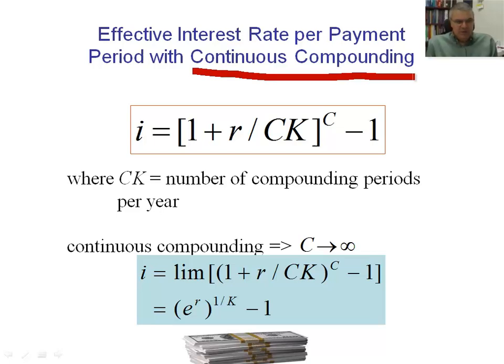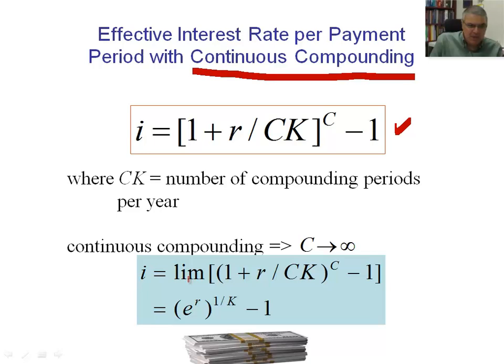The term continuous compounding, as shown here in this simple mathematical description, is when C, capital C, approaches infinity in that particular equation that you see up here in this bracket. As C approaches infinity in this particular problem, we need to take the limit.